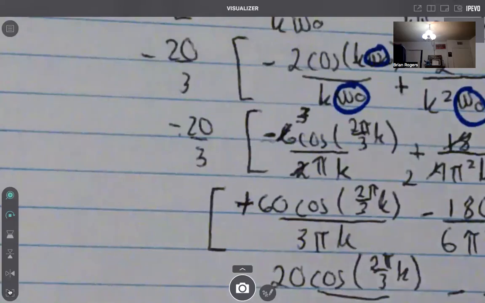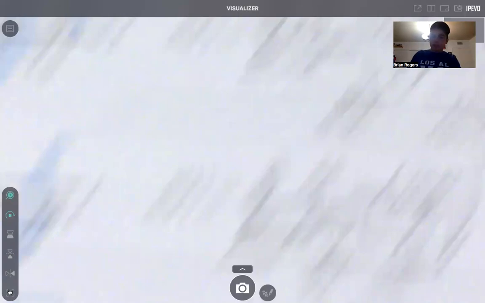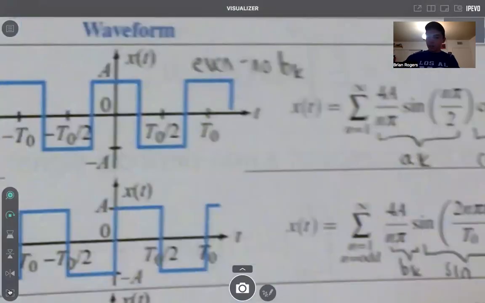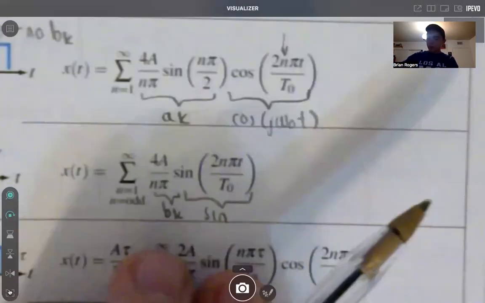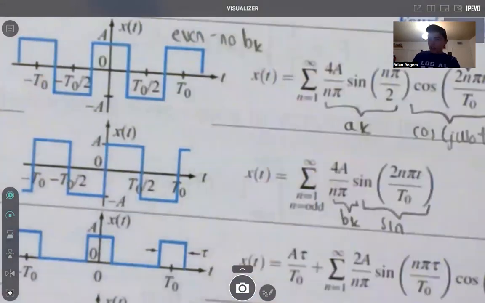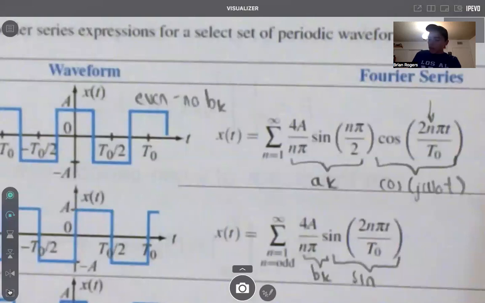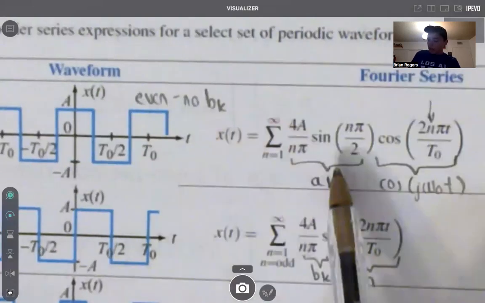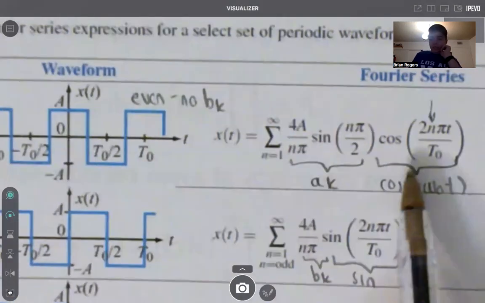These ones might look a little better. Okay, this one is telling you basically, if you see this type of waveform, the biggest thing is when you see the equation for the Fourier series, you need to realize that x of t is going to be equal to, and then here is the coefficient term a_k, and then here you multiply it at the end by the cosine.